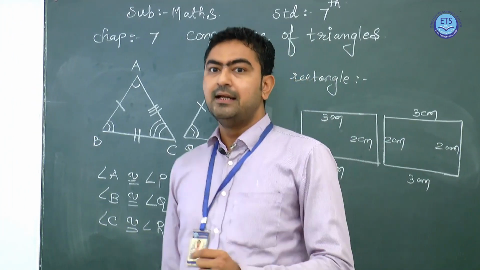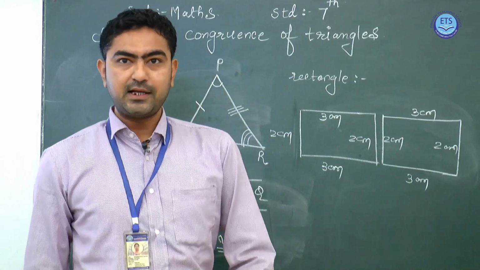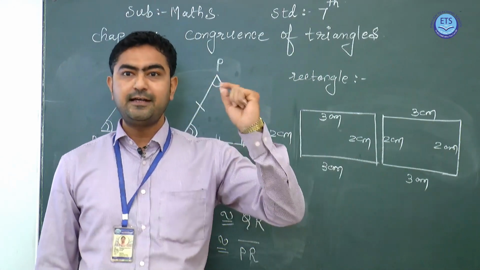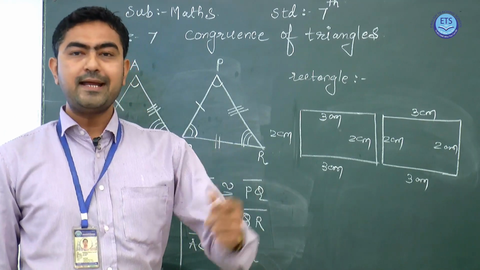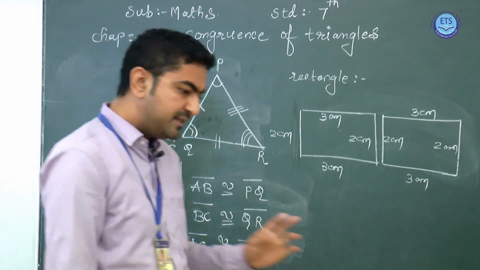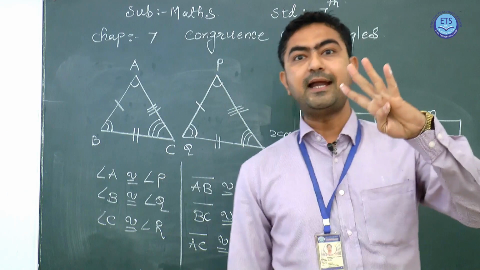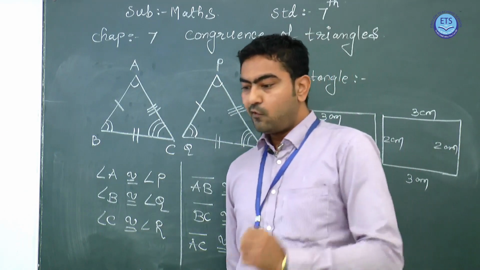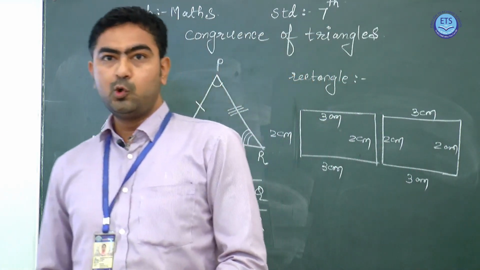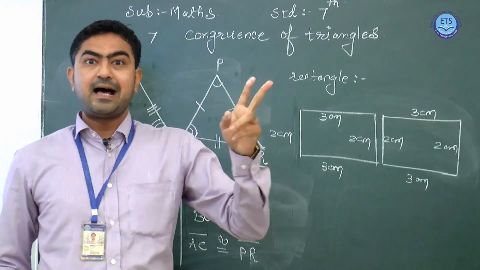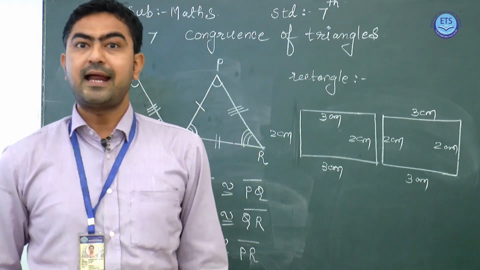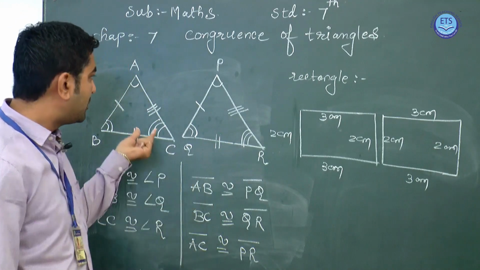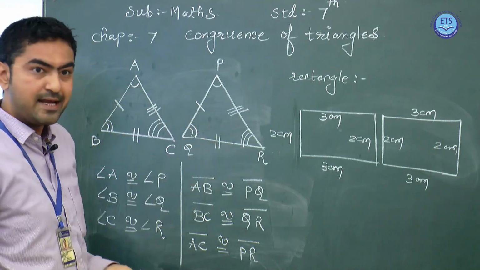Now in the NCERT syllabus, different criteria are given to prove that two triangles are congruent. There are mainly 4 criteria. Which are the 4 criteria to prove two triangles are congruent? Let us take the criteria for congruency of two triangles one by one.